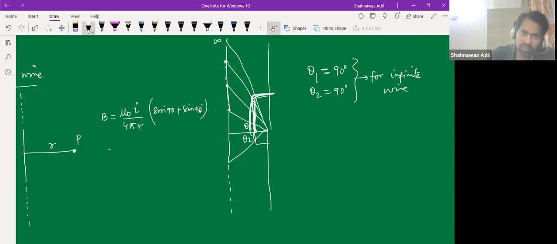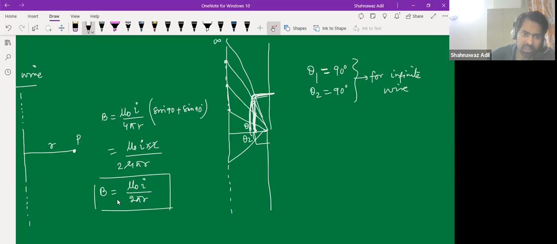So this is 1 plus 1, 2. This would be 4 pi r, and this is the result that you guys remember: mu naught I by 2 pi r. That is the magnetic field for an infinitely long wire. Right, guys? And the magnetic field is cross in here because this is in.